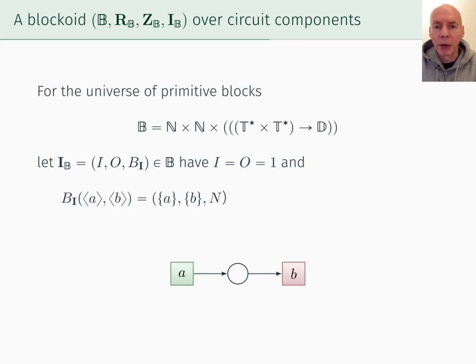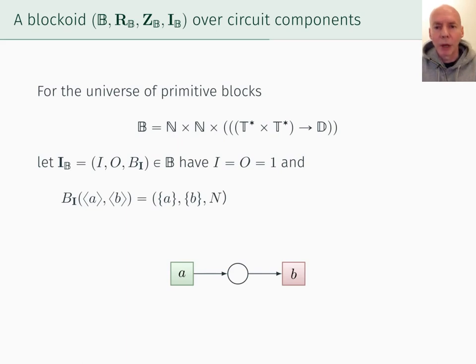If we want to compare one network to another, all we have to do is express both networks using block operators, evaluate both of them down to a single block, and then compare those blocks for refinement. Since we've already had the foresight to ensure a concept of equivalence among primitive blocks, all we need for the rest of this construction is operators RACB, ZB, and IB that satisfy the blockoid axioms.